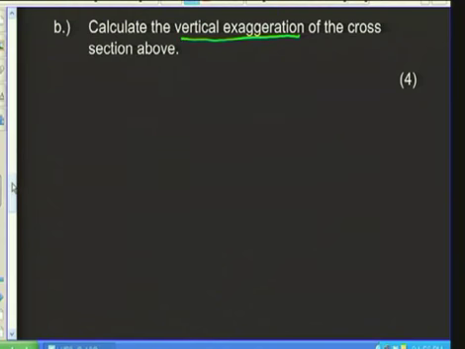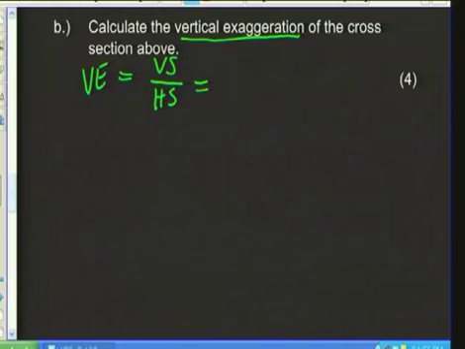Here we go. Vertical exaggeration, or VE, is calculated by placing the vertical scale over the horizontal scale and then performing a normal maths calculation. So how do we do that? Let's take a look. Our vertical scale, remember, was 1 centimeter represents 10 meters. No problem there.